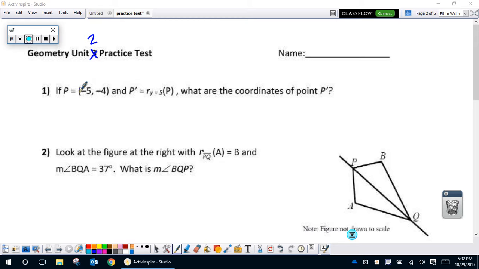Okay, so the first question: if P equals (-5, -4), and P prime is the reflection of P over the line y equals 5, what are the coordinates of P prime? So I would make a note that P is the pre-image. Y equals 5 is the reflection line.